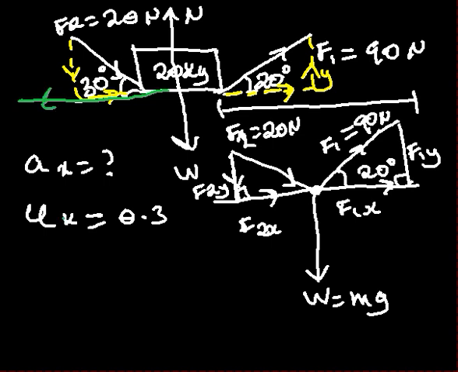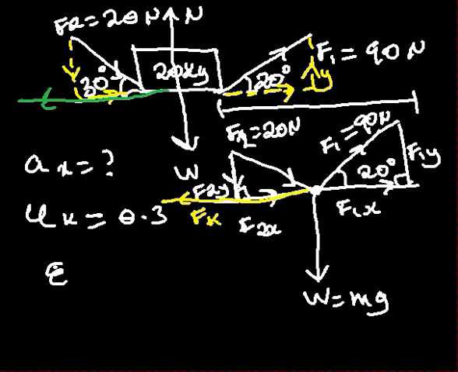Since we have been given mu k here, it means we'll also have another force which will oppose the motion, that is the kinetic friction force, Fk. So according to Newton's second law of motion, what are the forces acting in the direction of motion? The motion is taking place along the x-axis.